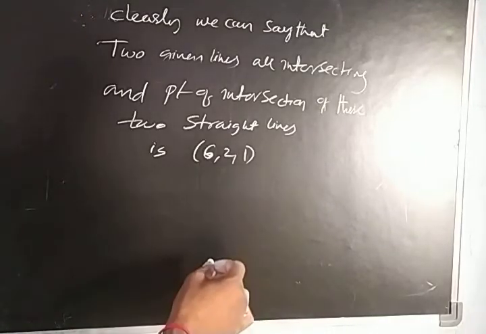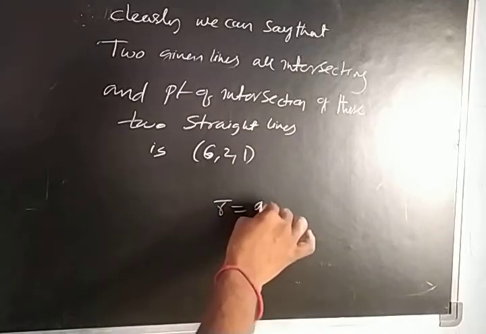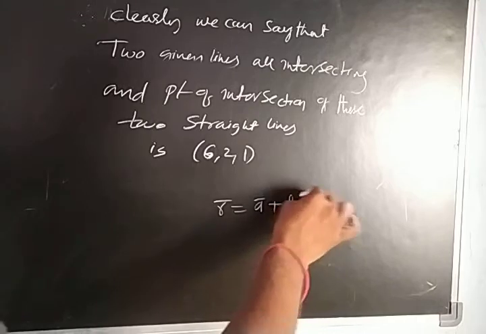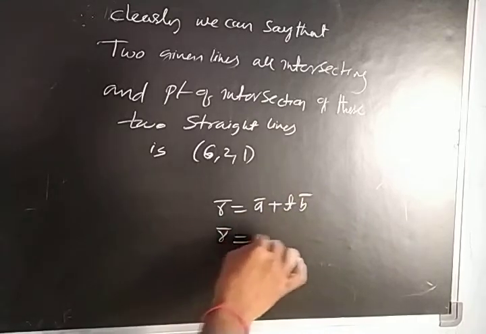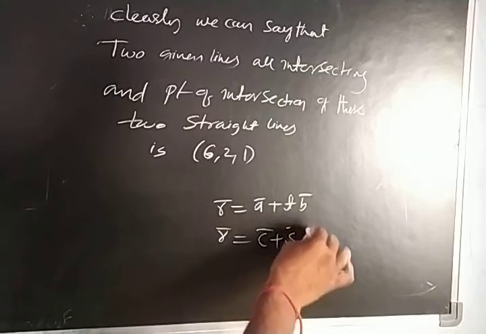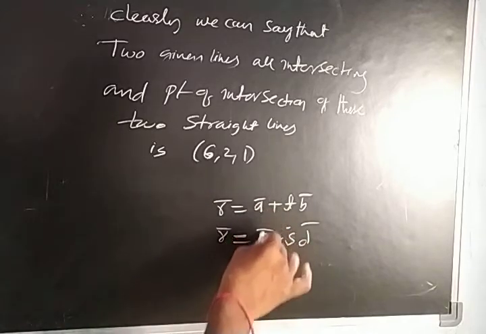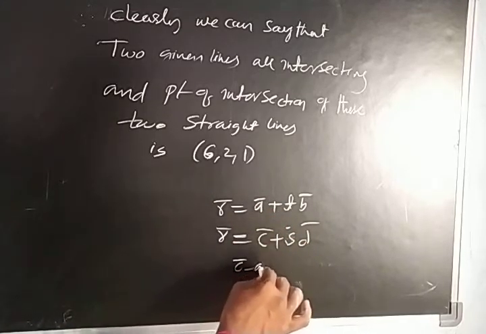And for skew lines, I already said how to find. If you have the parametric form, r bar equals A bar plus t times B bar, and r bar equals C bar plus s times D bar, how do we show they are skew lines? First you find C bar minus A bar.